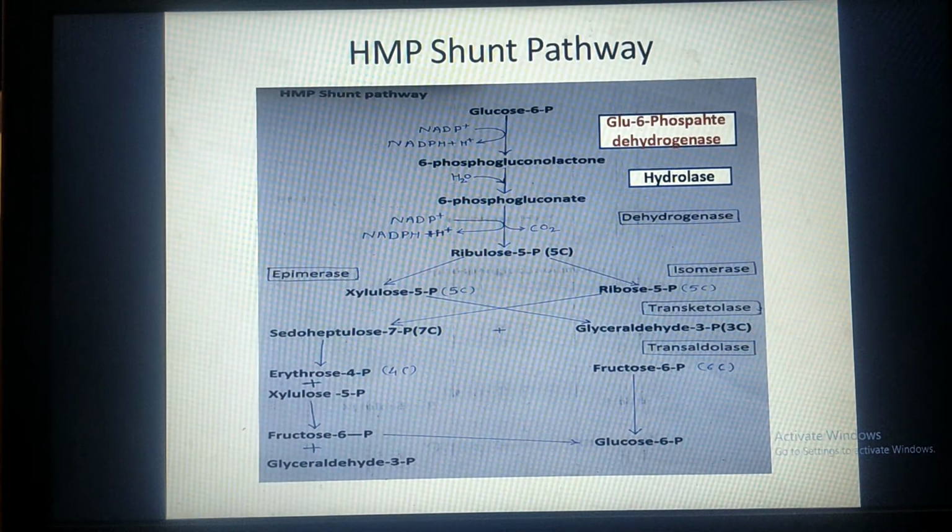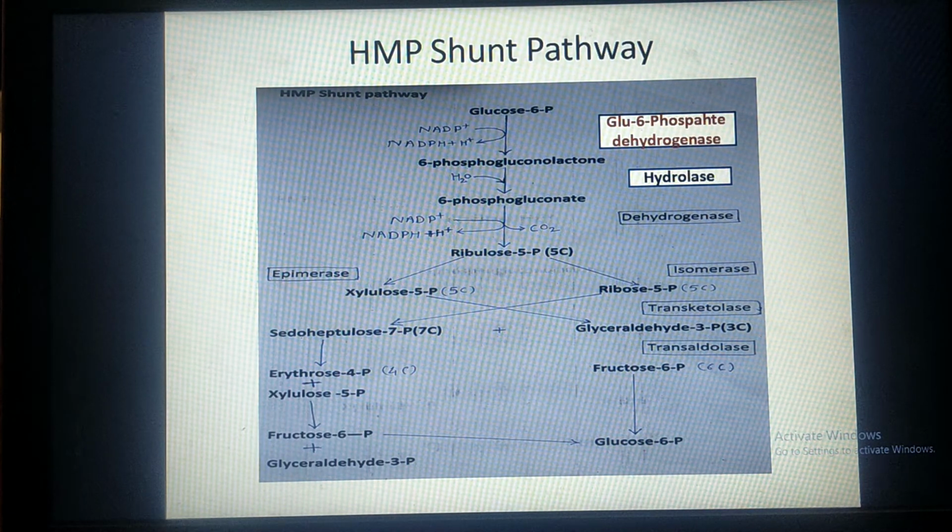One more point about this pathway, especially about the non-oxidative phase, is that you cannot study a single pathway, because during the non-oxidative phase many intermediates of one pathway combine with intermediates of another HMP Shunt pathway and form new sugar.